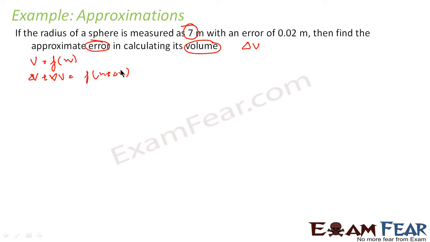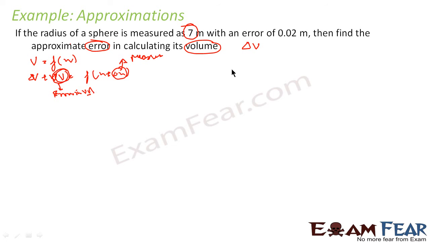So this is the error in measurement, and delta V will be the error in volume.